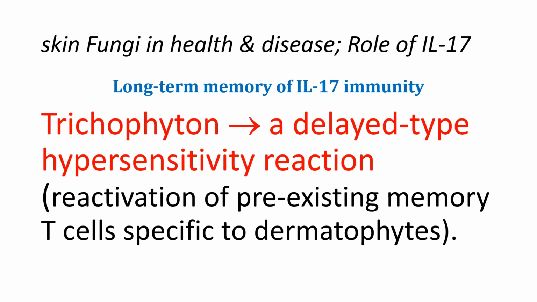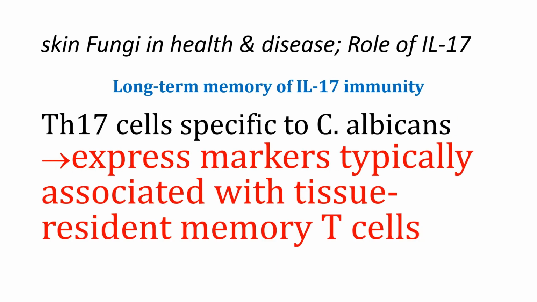In animals previously infected with or vaccinated against Trichophyton, a delayed type hypersensitivity reaction can be observed, signifying the reactivation of pre-existing memory T cells specific to dermatophytes. And in human skin, T helper 17 cells specific to Candida albicans were found to express markers typically associated with tissue-resident memory T cells.